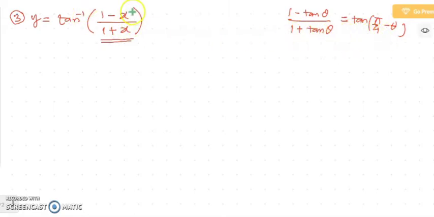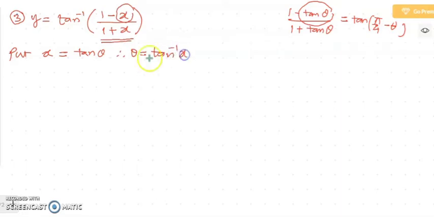So what we shall do is put x equal to tan theta. So let's start it. Put x is equal to tan theta. Therefore immediately write theta is equal to tan inverse of x, and therefore y is equal to tan inverse of (1 minus tan theta) divided by (1 plus tan theta).